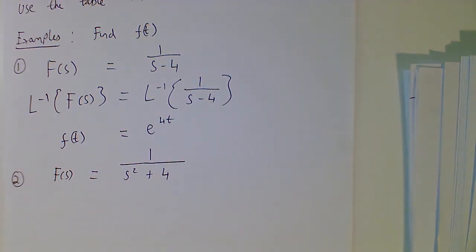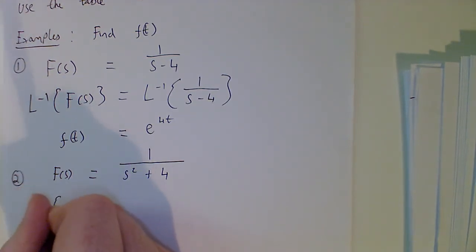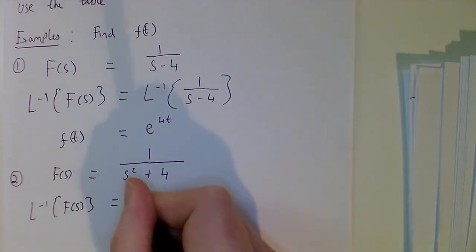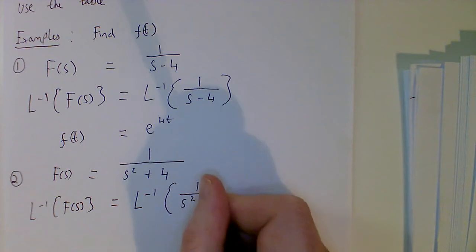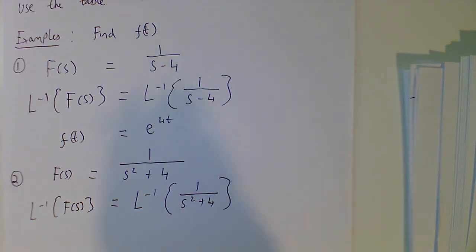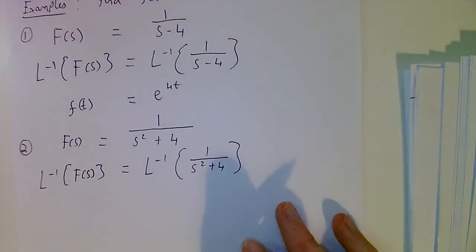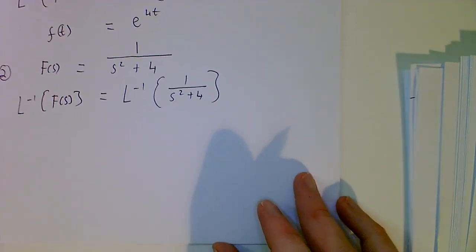Let's have a look at this one. Again, I want to find f of t, so I need to find the inverse Laplace transform of F of s. Have a look at what your function looks like, and it's all to do with the denominator normally.